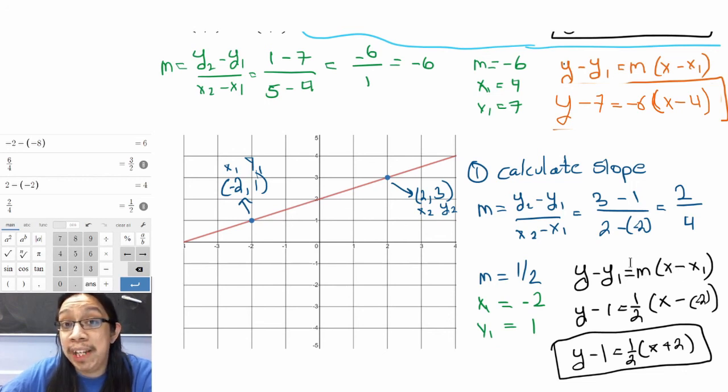And in order to write an equation in point slope form, you're going to need two things. Well, technically three things: the slope, x1, and y1. If you calculate the slope using the slope formula, you automatically will know what your x1 and y1 are. Then, once you're armed with that information, you go ahead and start plugging in the right numbers into the right places, and then simplify if at any point you end up having a double negative.